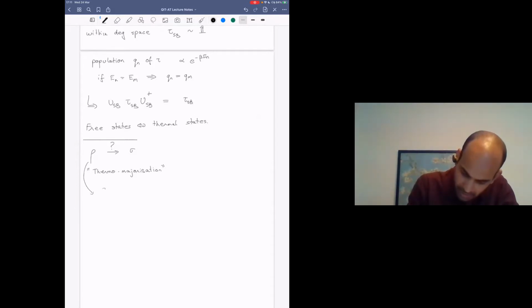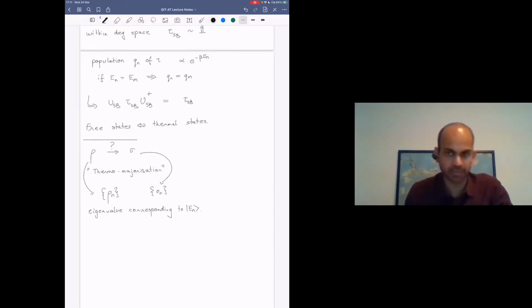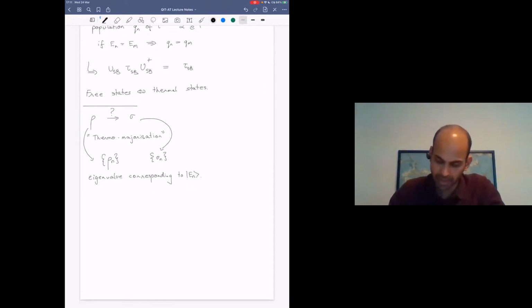So I can write this as a collection of populations. Even though I usually don't do it, I'm going to call this rho_n, the eigenvalue corresponding to the eigenstate E_n. And sigma has a set of populations sigma_n.